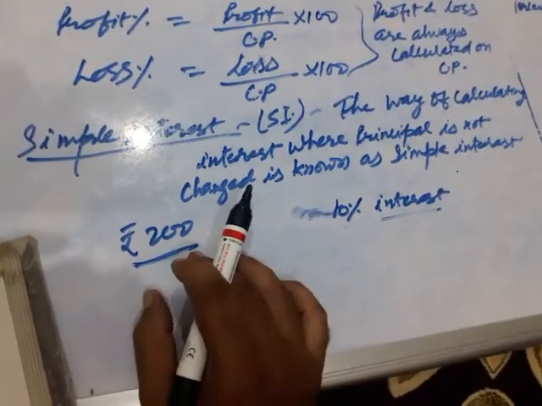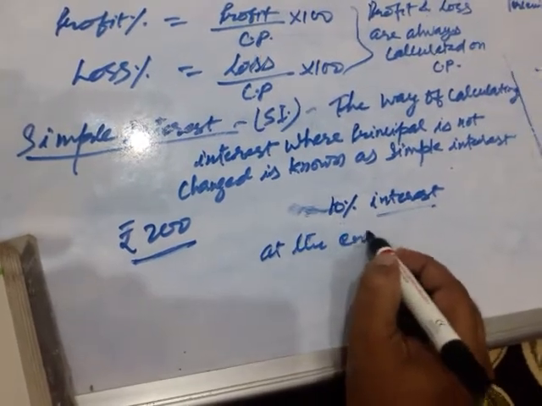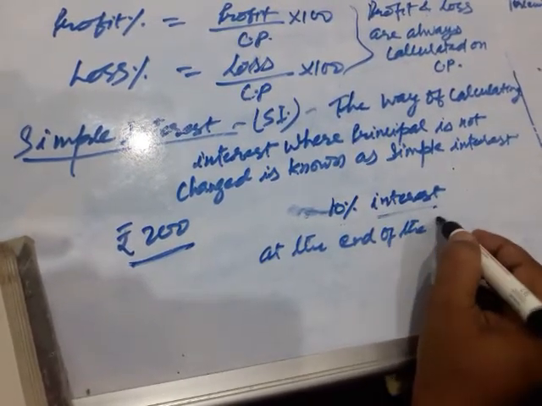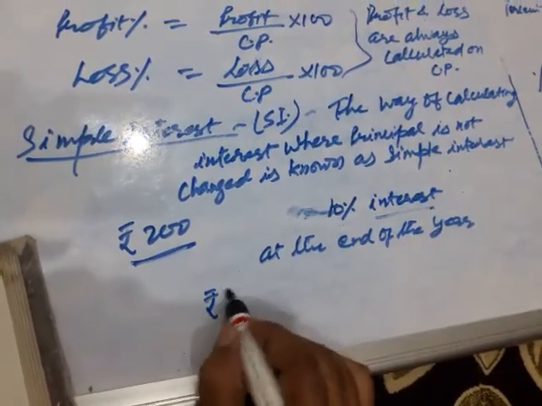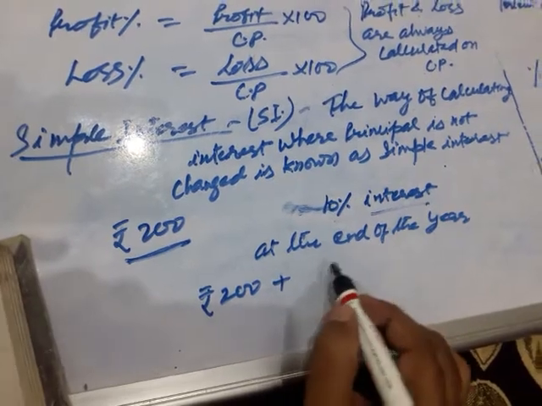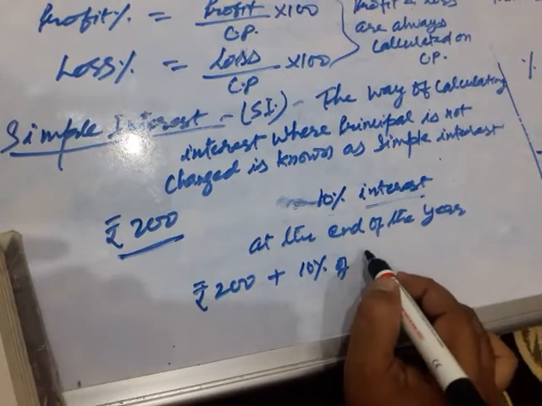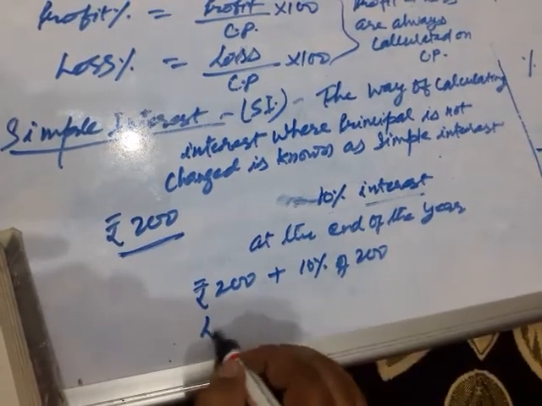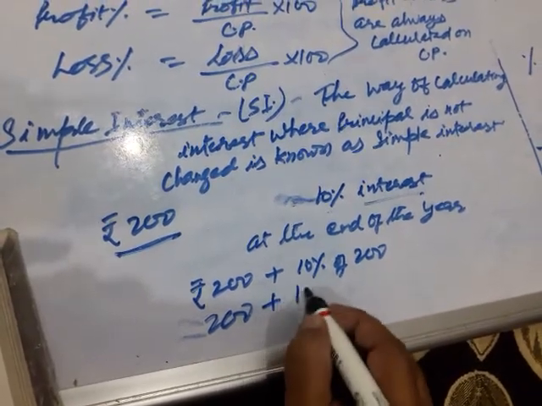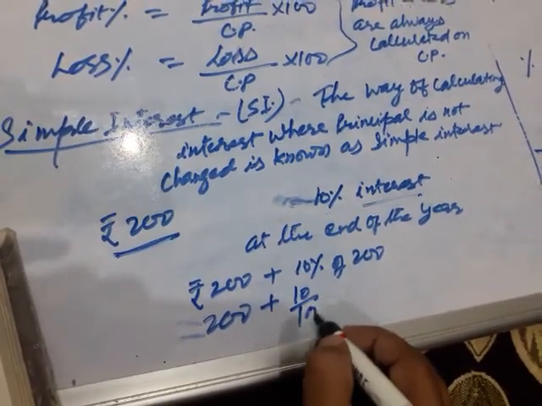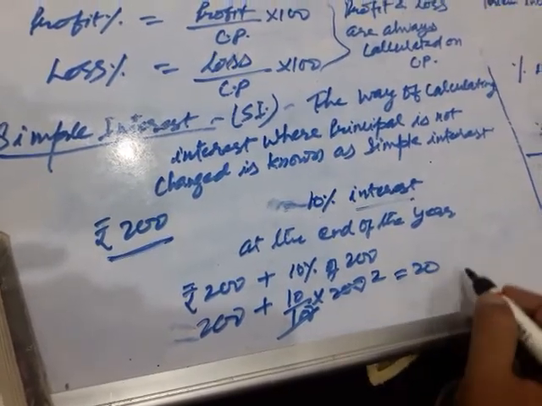So at the end of the year, that person will return rupees 200 plus 10% of 200, that is 10 upon 100 multiplied by 200, that is 20 rupees extra.